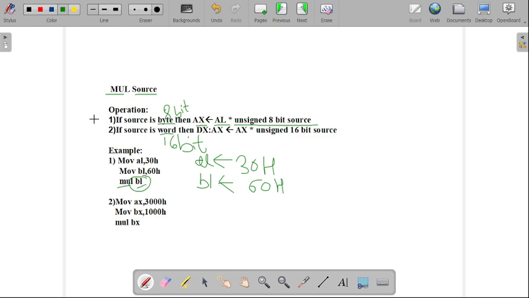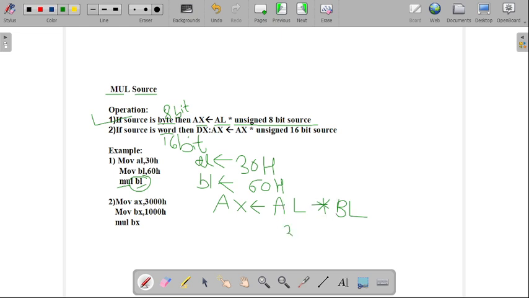So whenever the operation is on an 8-bit register, we perform AX is equal to AL into unsigned 8-bit source. Here in this example, our source is the BL register because we have written MUL, then our source, that is BL. What are the contents of our AL and BL registers?